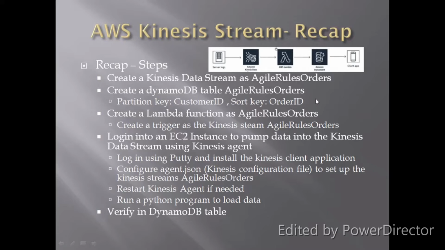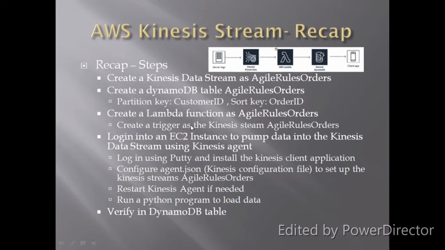While defining the Firehose, we chose S3 as the destination, but here there is no default destination, so DynamoDB is used as the destination. Next, we create a Lambda function called Agile Rules Orders, and while creating it, we use the trigger as the Kinesis stream we created in step one.